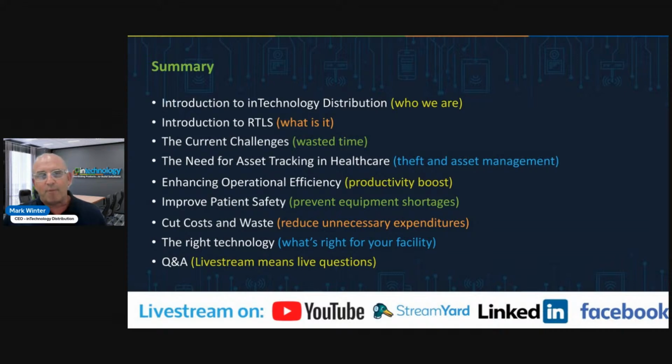The federal government has brought out a requirement to report on how often a caregiver is with a resident. RTLS is really the only way they can accurately report that. When the nurse or caregiver and the resident come together, they start tracking, and they're able to track that time. That's a great question, and it is being used today for that particular purpose.